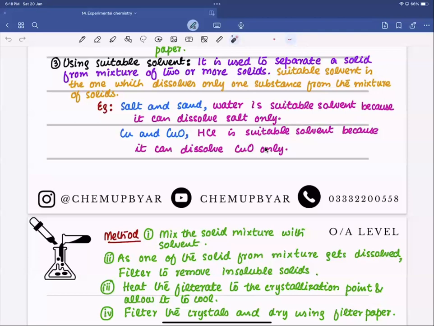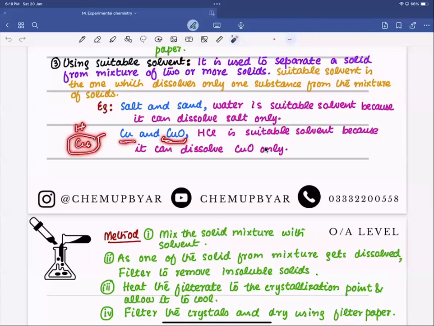In the same way, if I have a mixture of salt and sand, water will be the suitable solvent because water can dissolve salt and sand is not soluble in water. Similarly, for copper and copper oxide: if you recall the reactivity series, copper is below hydrogen, which means copper metal is very less reactive and will not react with water or acid.